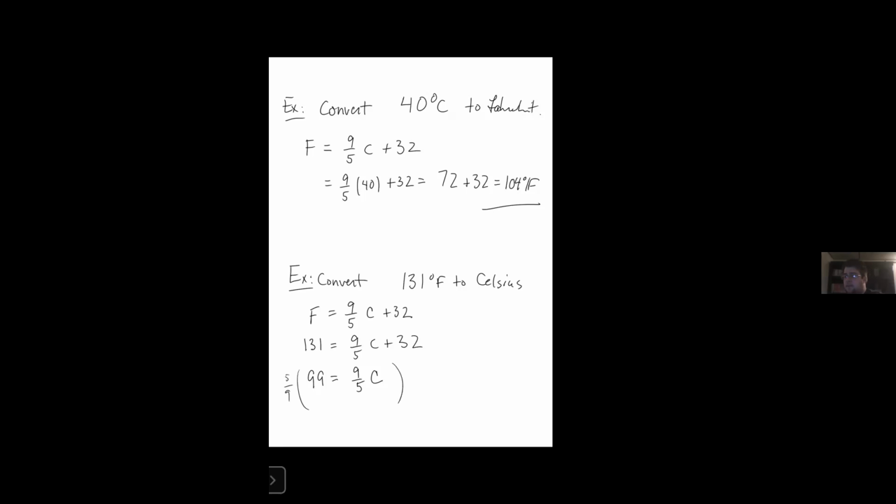What's 99 times 5/9? Well, 99 divided by 9 is 11, and then 11 times 5 is 55. So 131 Fahrenheit is 55 Celsius, using that equation.